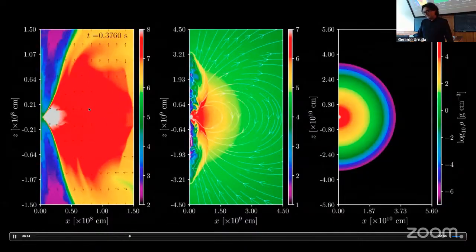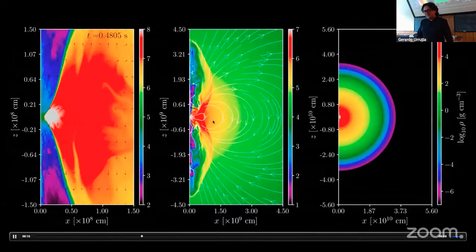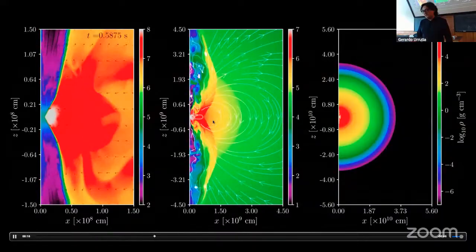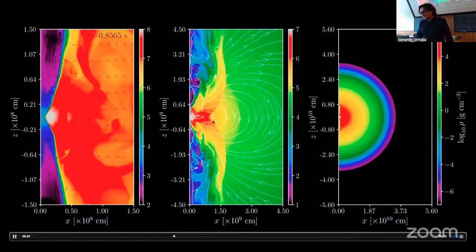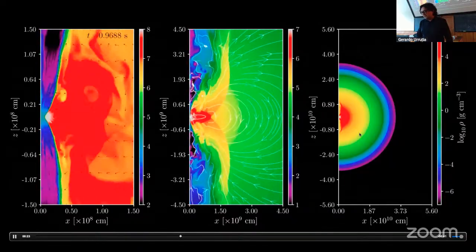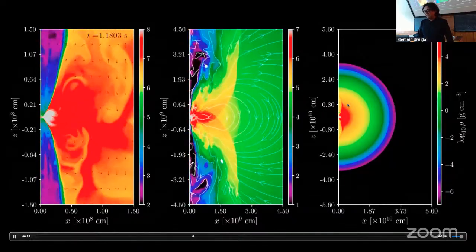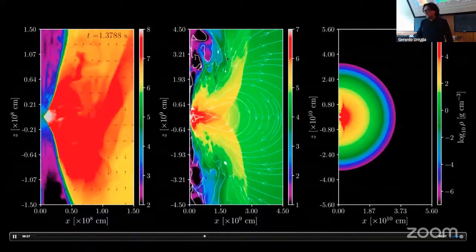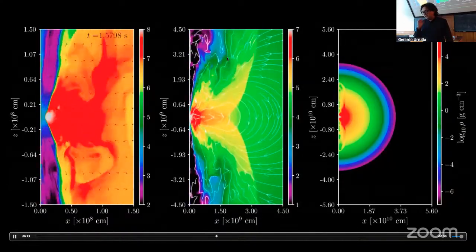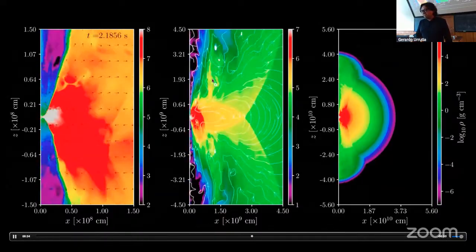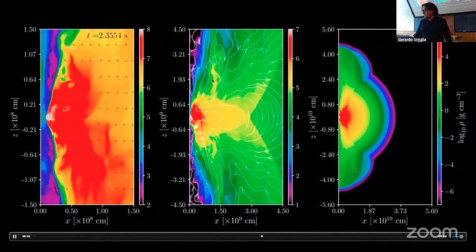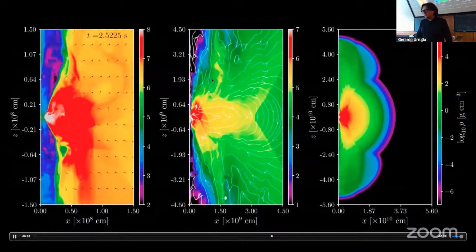The material is successfully crossing the most dense part of the star. And once the jet can open this central part, the jet funnel is already created, and it's easier to continuously eject this jet from the star.